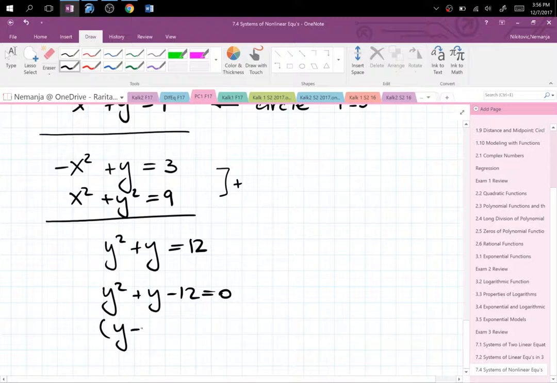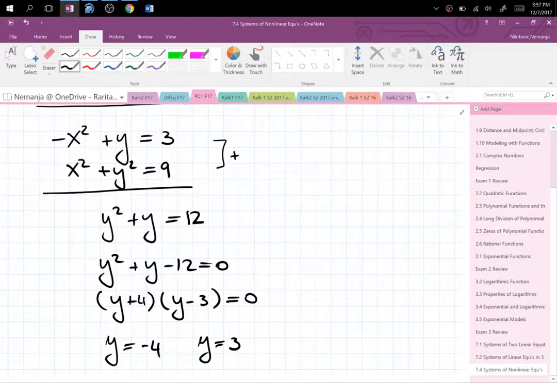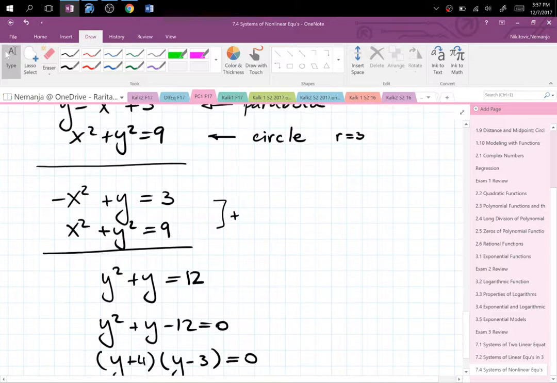Factor it. So we need plus 4 and minus 3 to get your negative 12. They have to be opposite signs, and then they add to positive 1, so 4 minus 3 is positive 1. So we got our y equals negative 4 and y equals 3. Again, if you don't know how to factor, use the quadratic formula, and you'll be fine. Note that I do not have an equation for x, right?